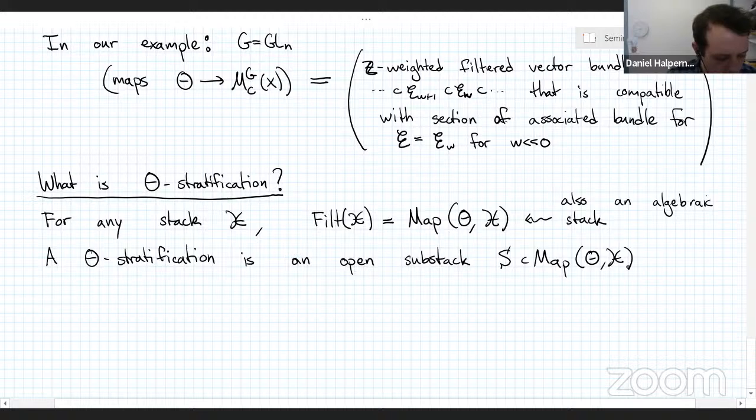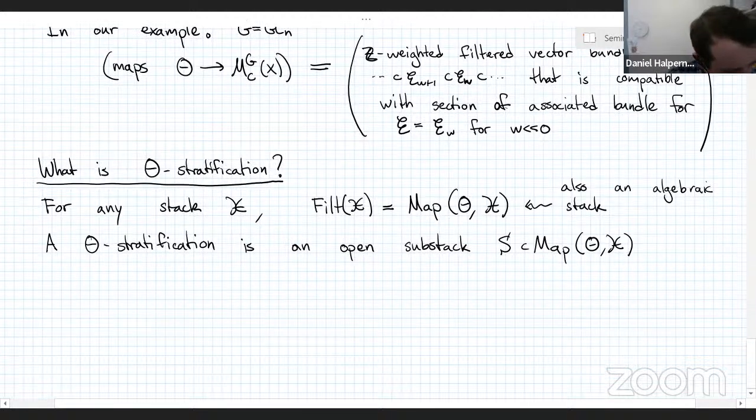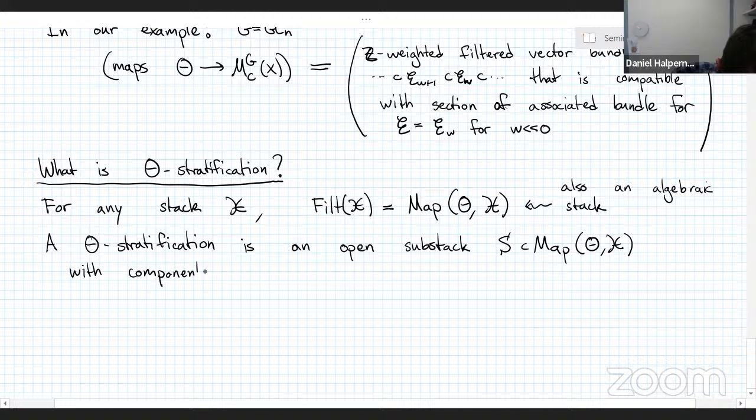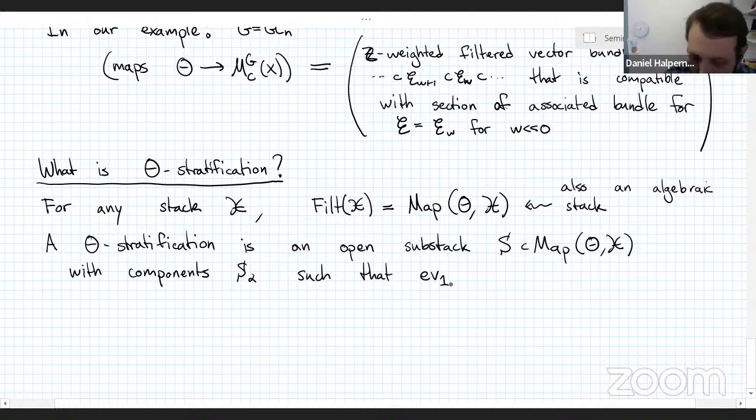And the point is that if the components are such that the map that takes a filtration to its underlying object is a locally closed immersion.